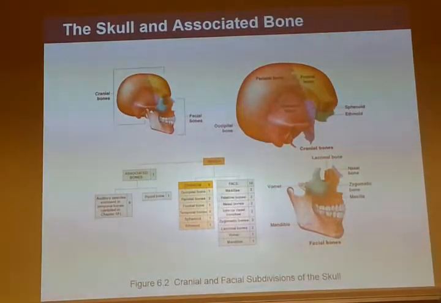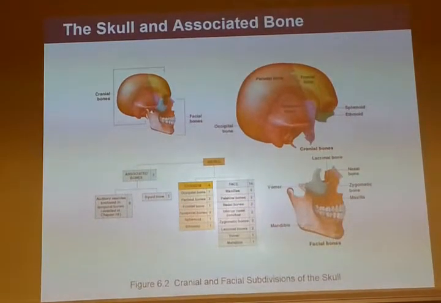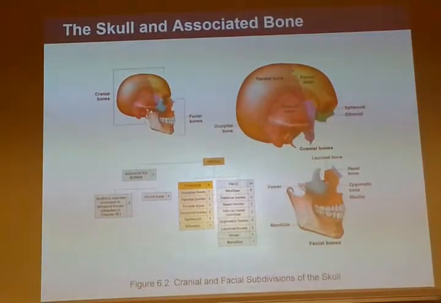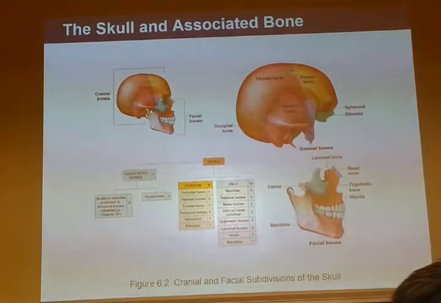They join the maxilla. The maxilla forms part of your hard palate, and the back part of your hard palate is formed by the palatine bones. The palatine bones work their way through your nasal cavity and end up in the floor of your orbit, the tiny little piece in the floor of your orbit.